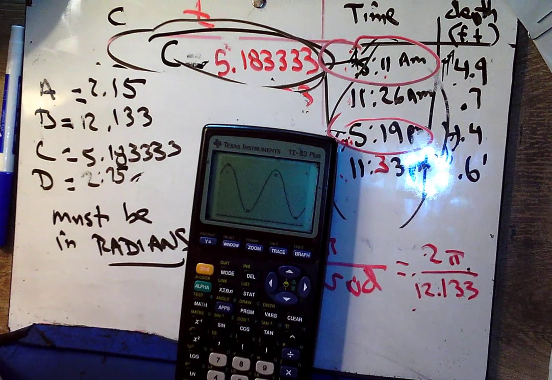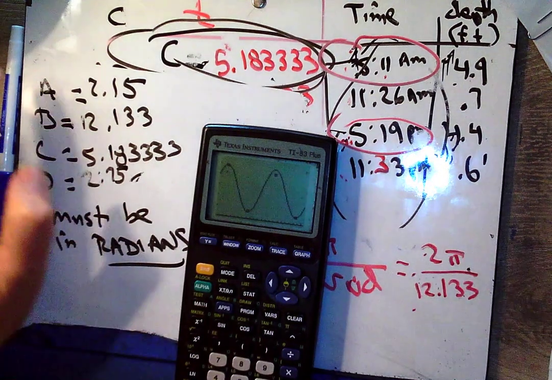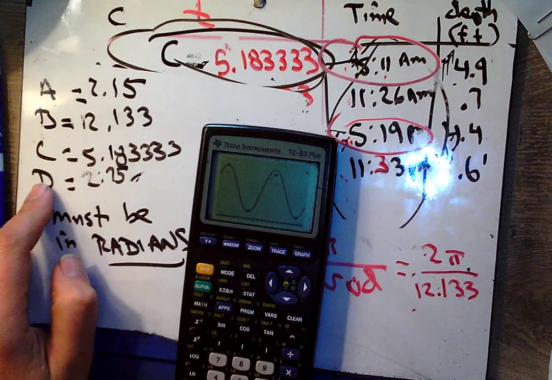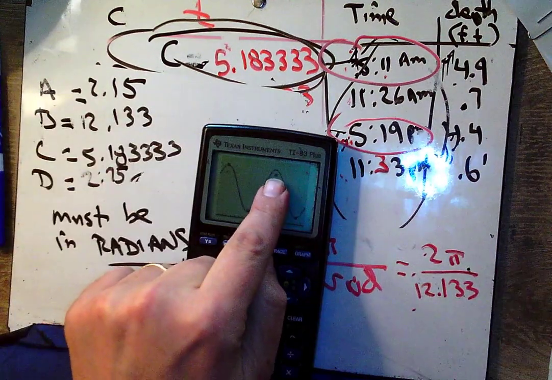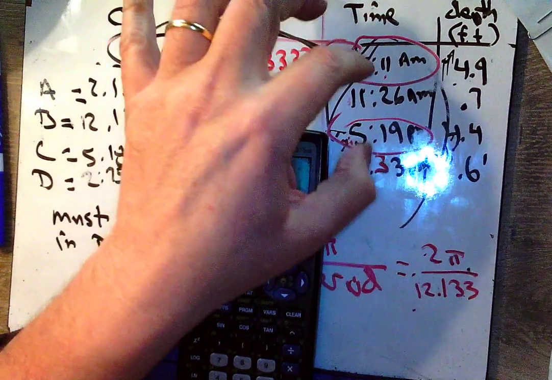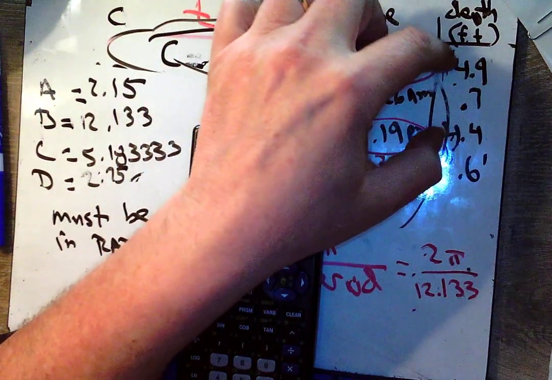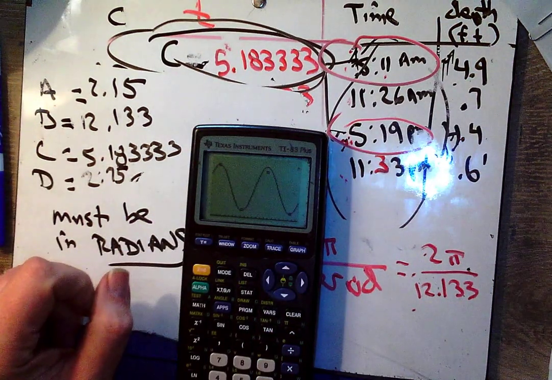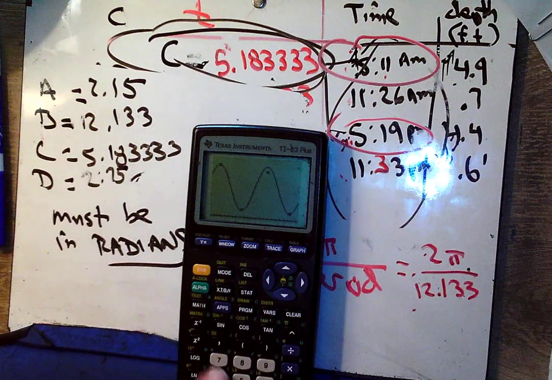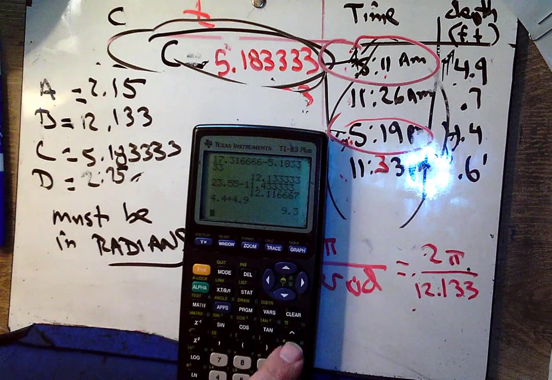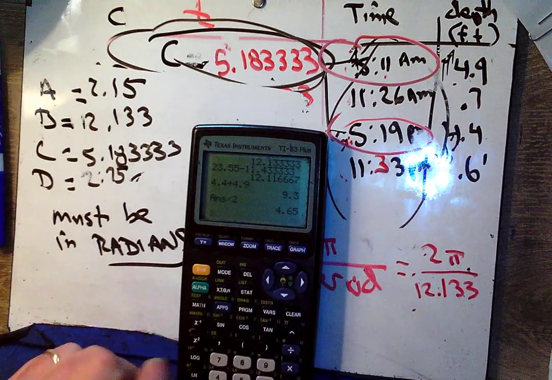Maybe we should say, well, what if we changed our A value? Or I guess that means we have to change our D. Because what if instead of this point and this point, we used the point in between these 2 values for the purpose of finding D and then A? So I've got 4.4 plus 4.9 divided by 2, 4.65.